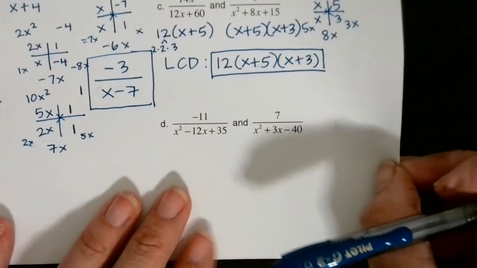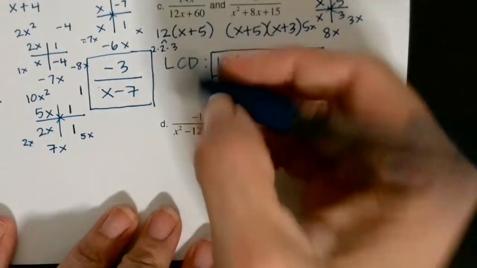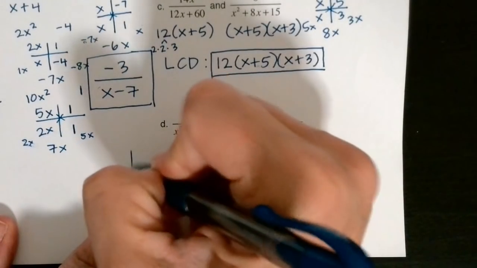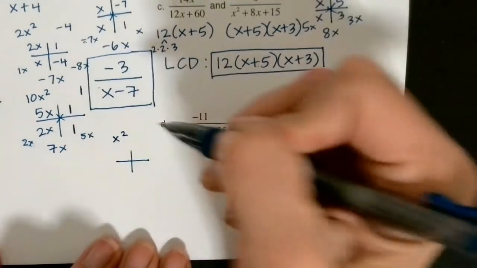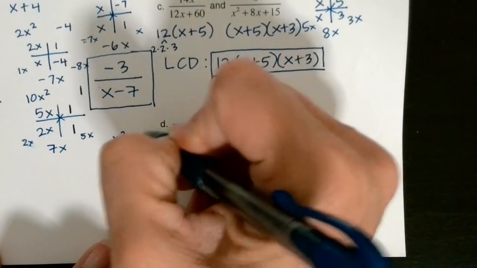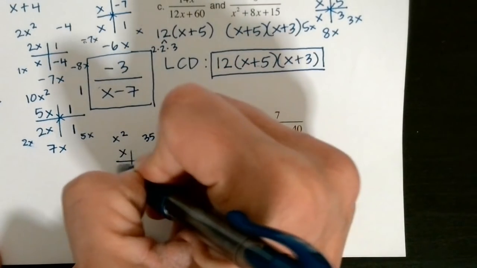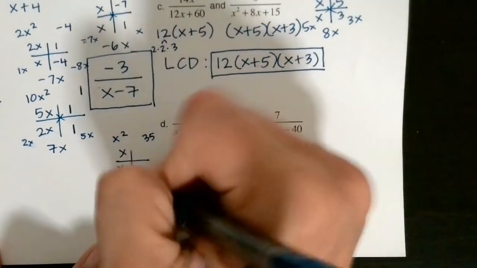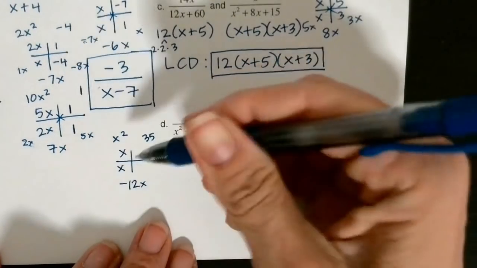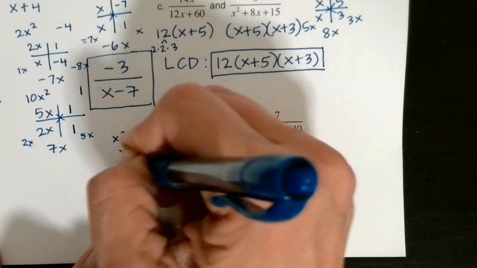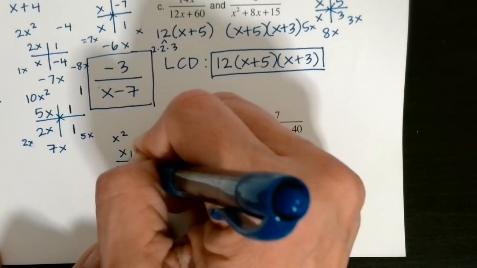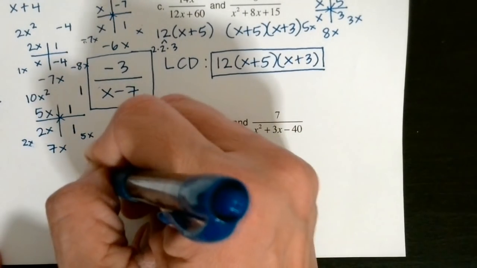Alrighty, last one is this one down here. So this one, we are going to t-chart each of these. X squared, negative 12x, 35, x and x. It's a positive 35, but negative 12, so both of these must be negative. So let's see, negative 5x and negative 7x.